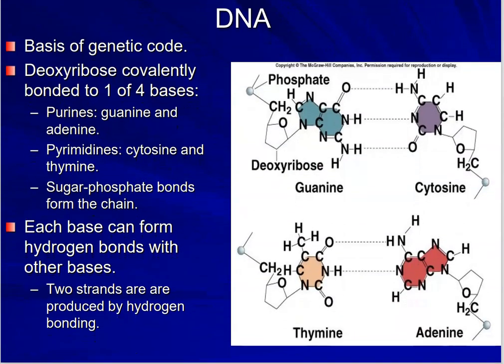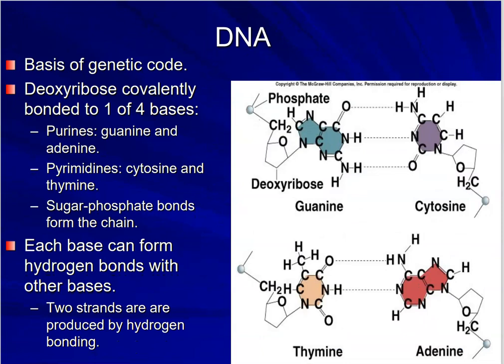We're going to connect these building blocks, these nucleotides, by dehydration synthesis as before. And so we can form very long strands of nucleotides. Now in DNA, we have 2 strands of nucleotides that face one another, and they're connected by base pairing rules. So that's the basis of the genetic code right here.